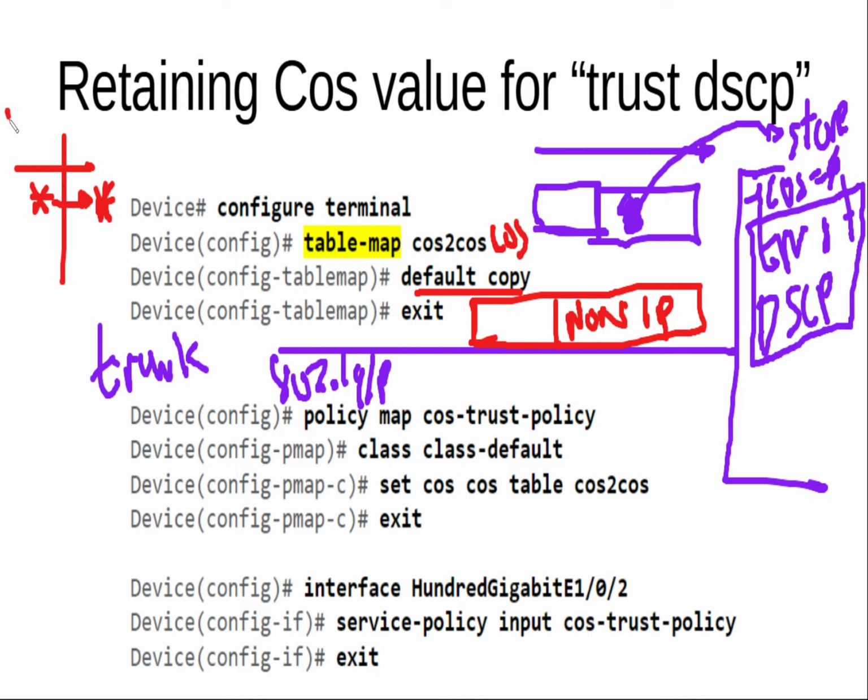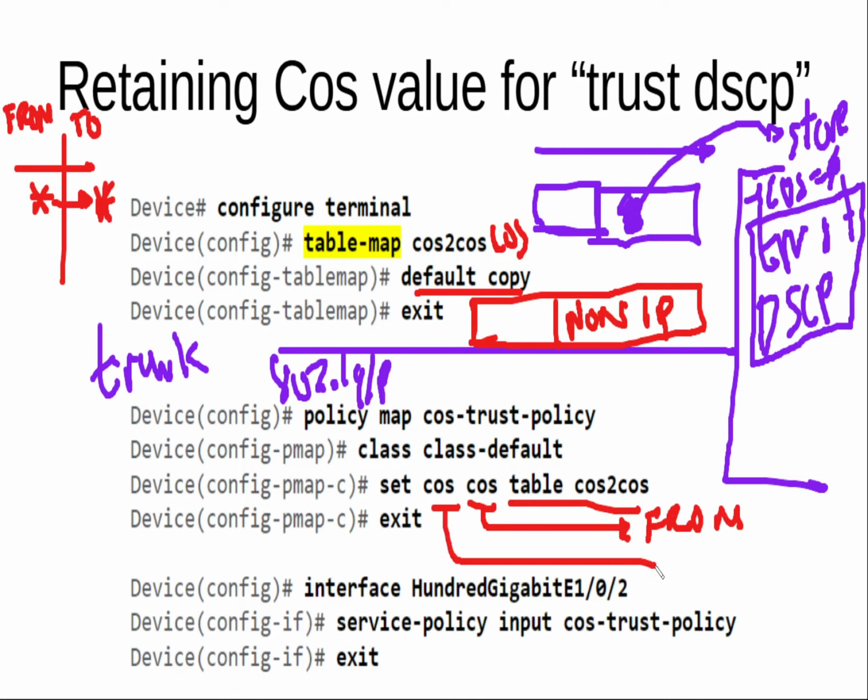In this case, this is the from column, and this is the to column. I am going to use this table, and I'm going to say that cost is the from value, and cost is the to value as well. So at that moment, I know this table is going to be cost to cost.